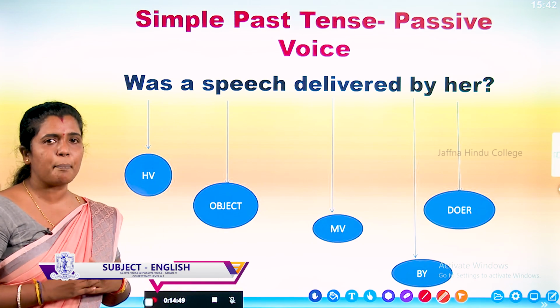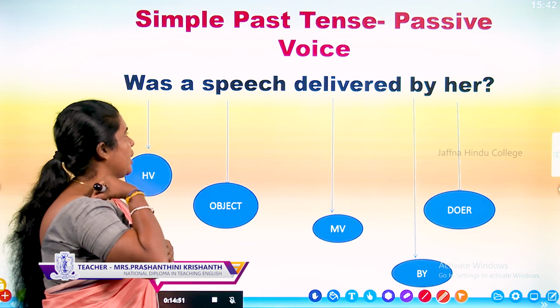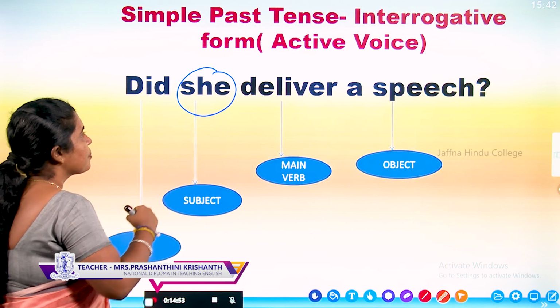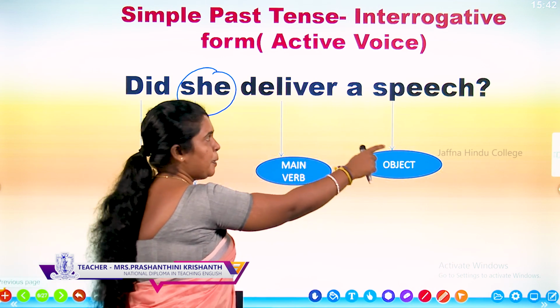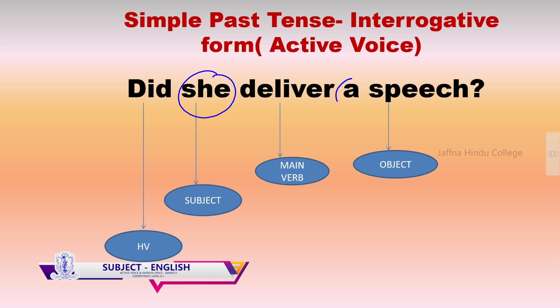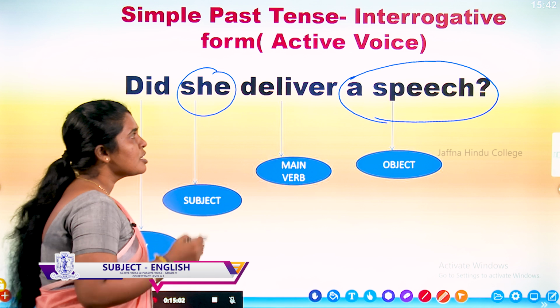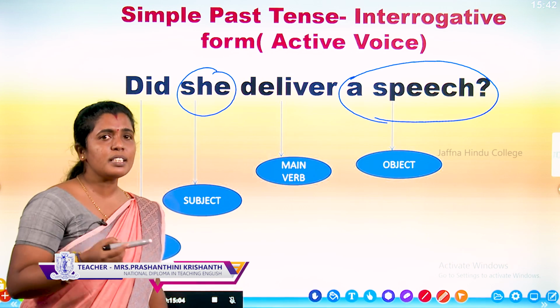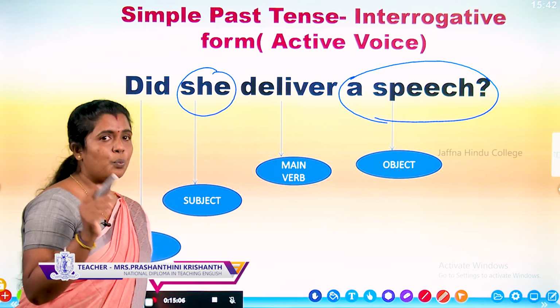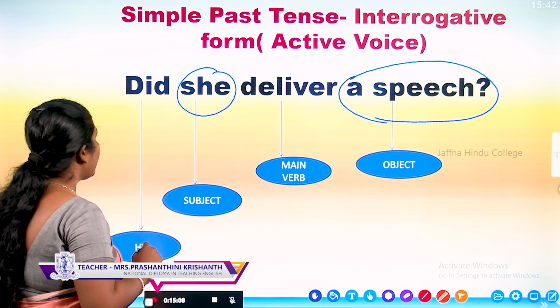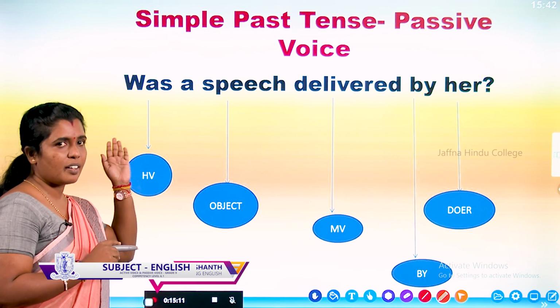Okay, in this example, what are we doing? See this one. Did she deliver a speech? So, the object is a speech, right? So, for a speech, what is the suitable helping verb? Was. So, we have to take the was first, right?